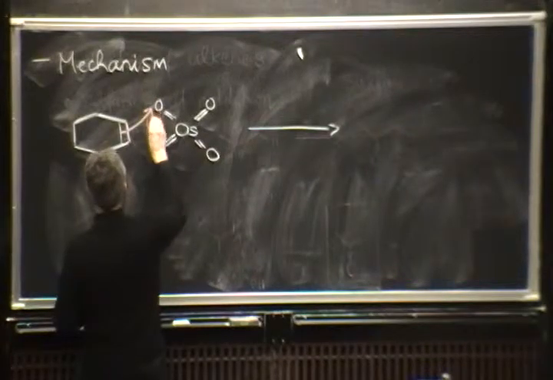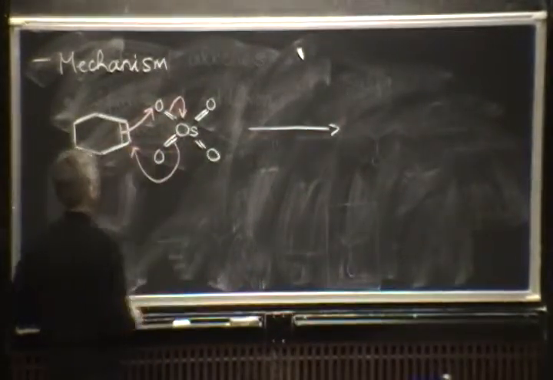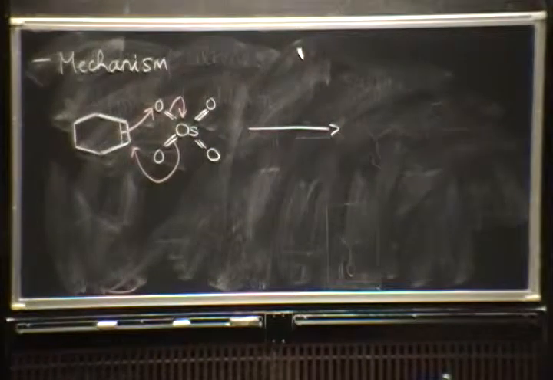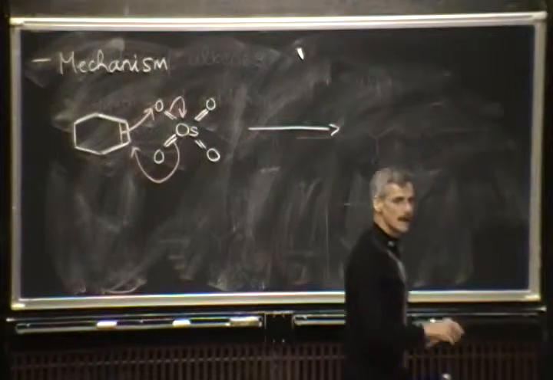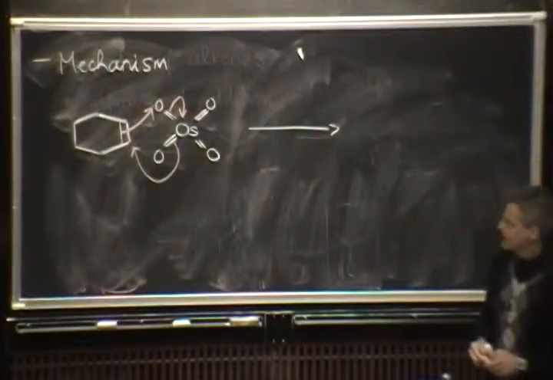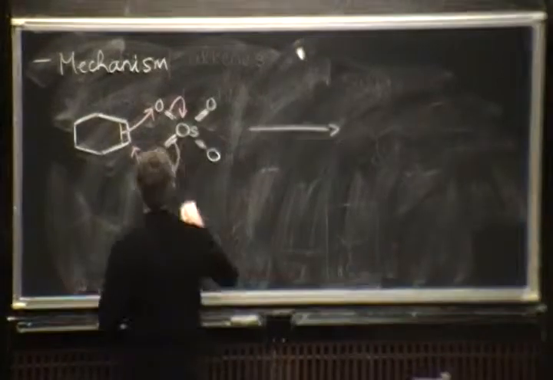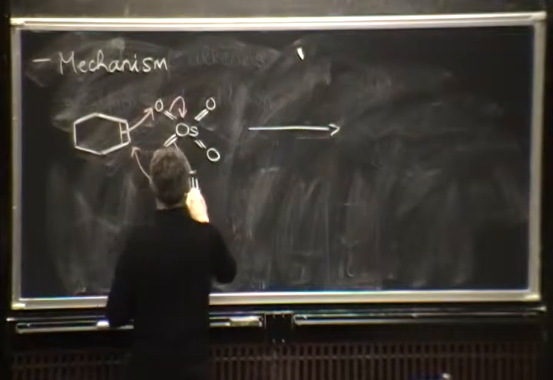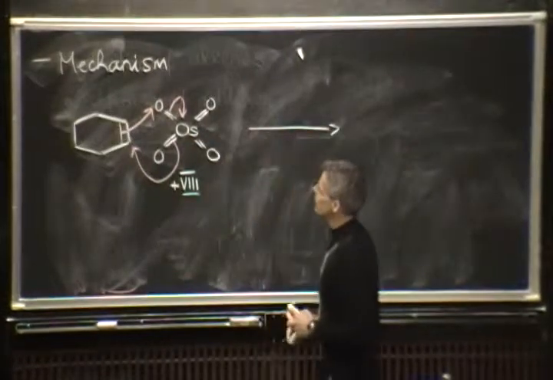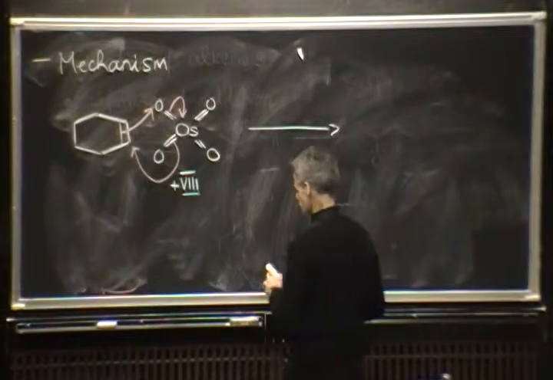So let me first draw the arrows here. And you can see that I'm attacking on the oxygens but shuffling electrons into the osmium, which has a very high +8 oxidation state. So the osmium oxidation state is +8. So it's very, very highly oxidized, and so it really welcomes those electrons that are flowing into the metal.